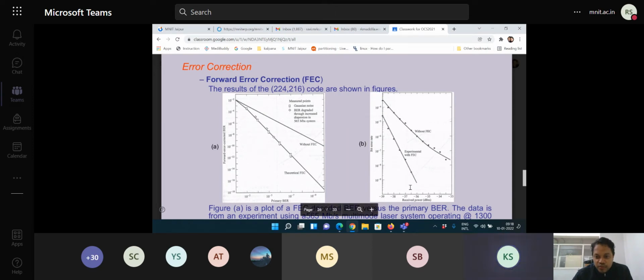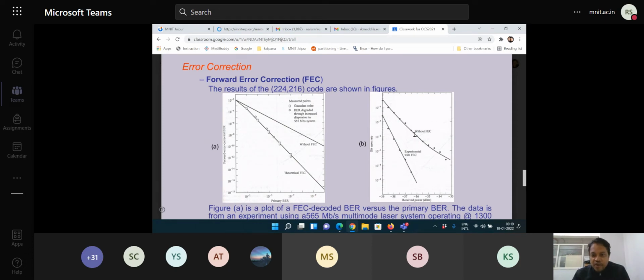Let's say minus 36.5 dBm is received, then the BER when forward error correction is introduced is something into 10 to the power minus 9.